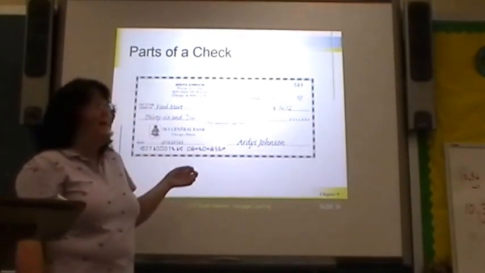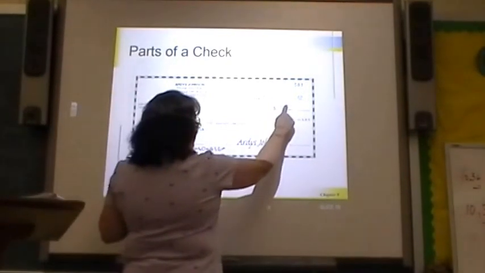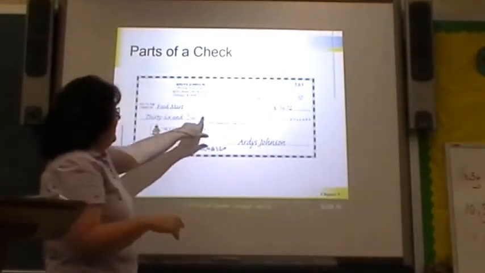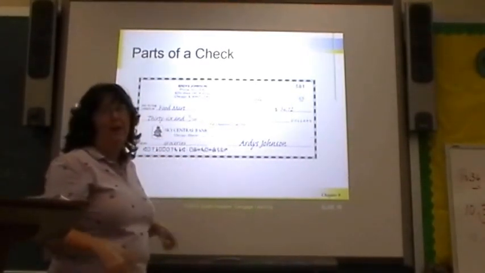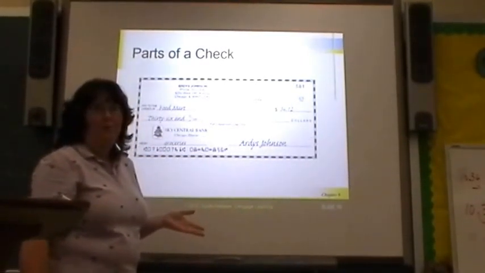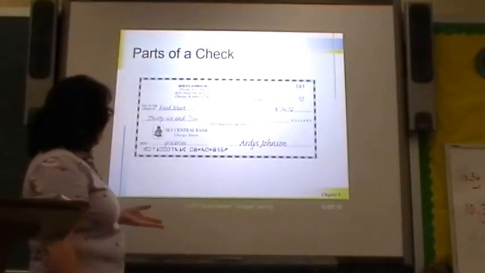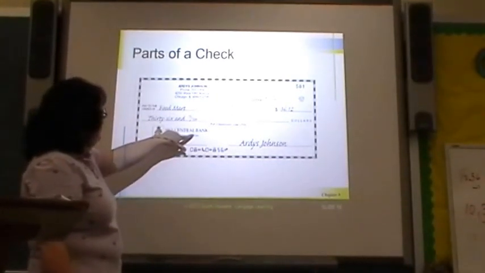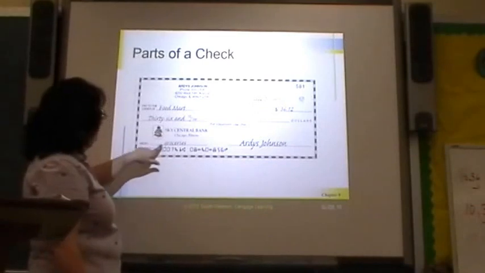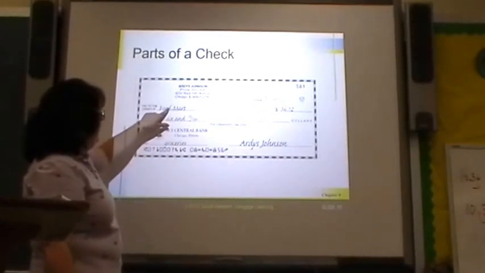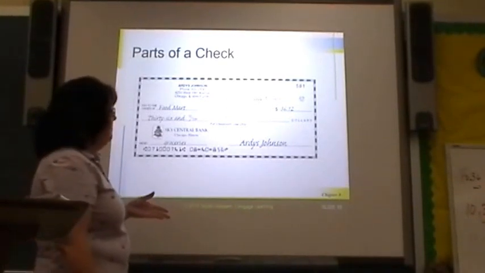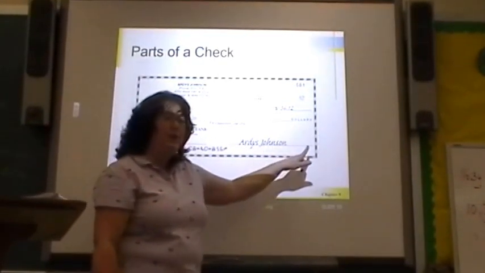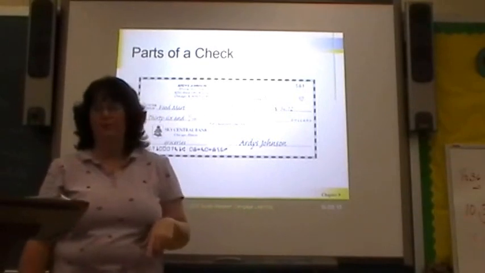If they change the amount over here, if they have all this space, they could in fact change this amount here and get more money from you than what you intended to pay them. This is the name of the bank. This is a memo. So they paid Food Mart for groceries. Some people use that, some people don't. And then of course, it's not any good until it has that signature.